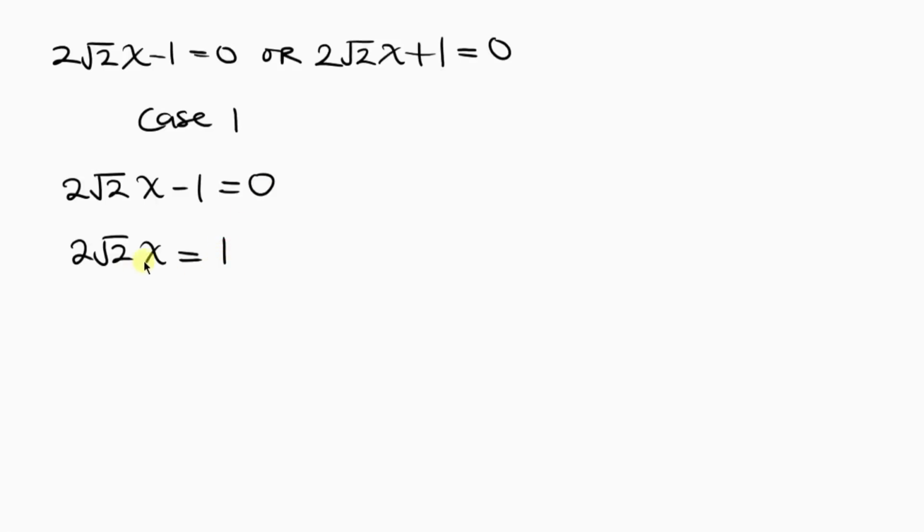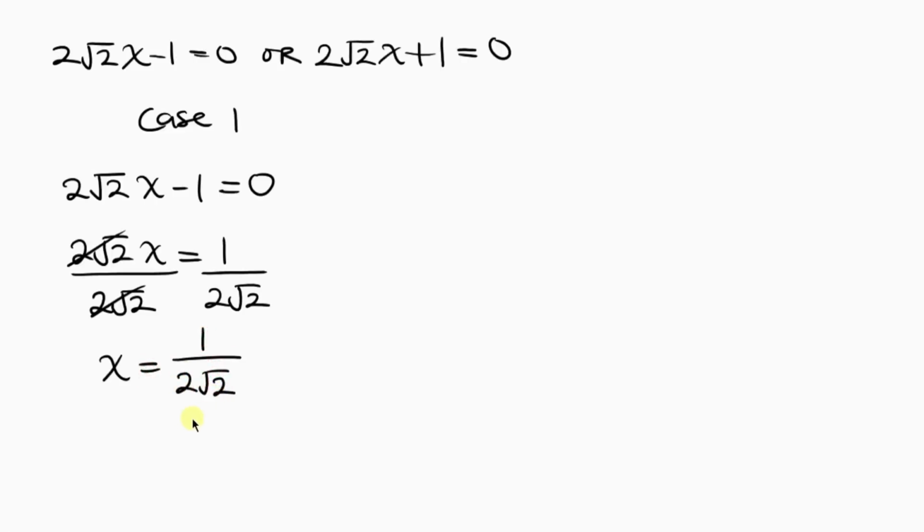Now let's divide both sides by the coefficient of x, which is 2 root 2. So divide the left hand side by 2 root 2. Divide the right hand side by 2 root 2. Now notice that 2 root 2 cancels out, leaving behind x to be equal to 1 all over 2 root 2. Very good.